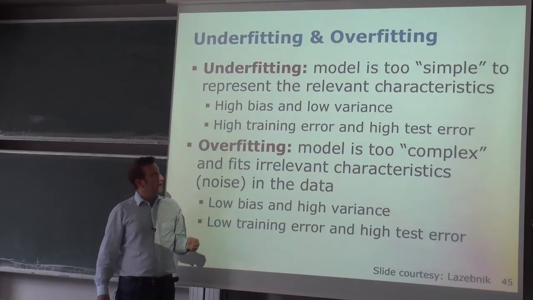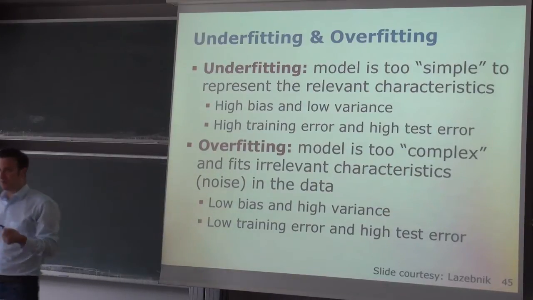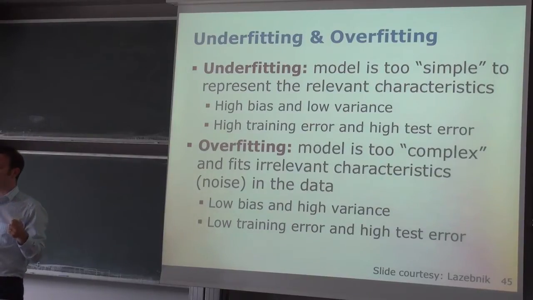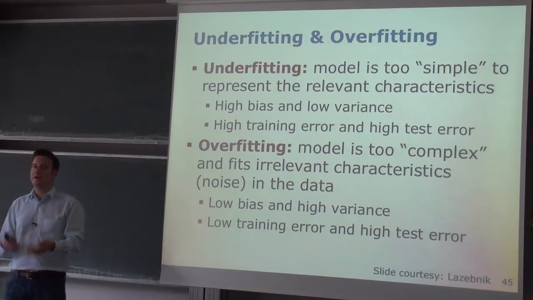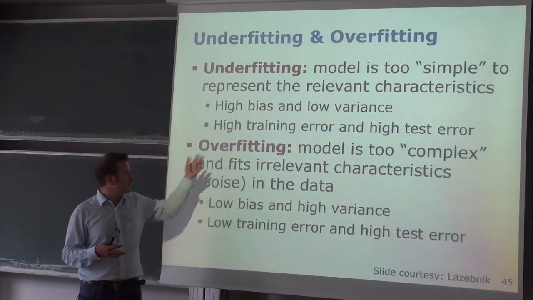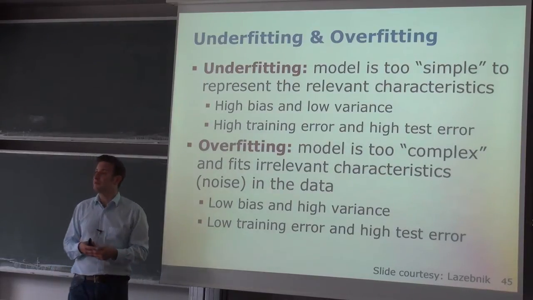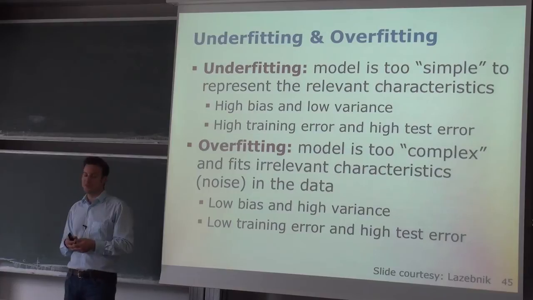And if I evaluate the error that I obtain with my classifier on my training set, it will be high, but it will also be high on the test set. Because simply my model is too simplistic to come up with an appropriate model that allows me to describe the distribution of features well.